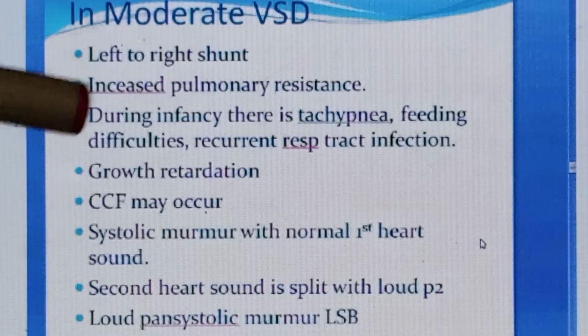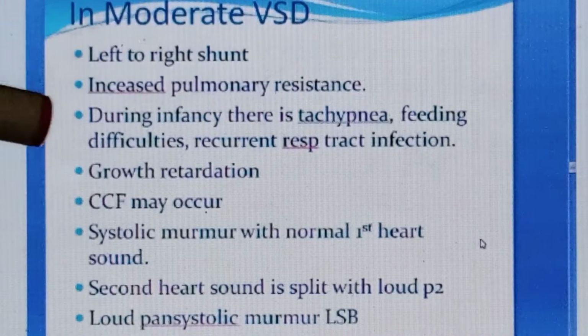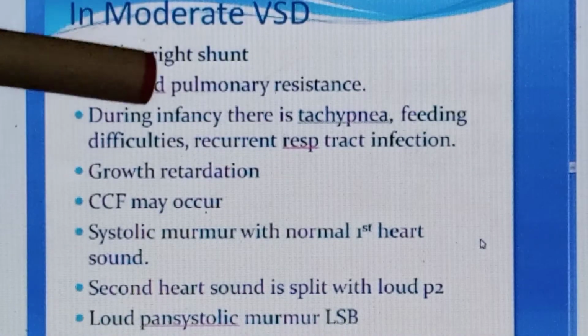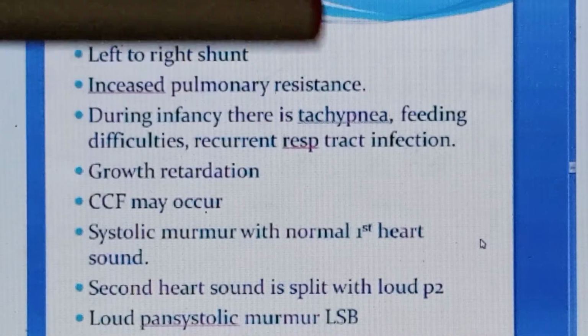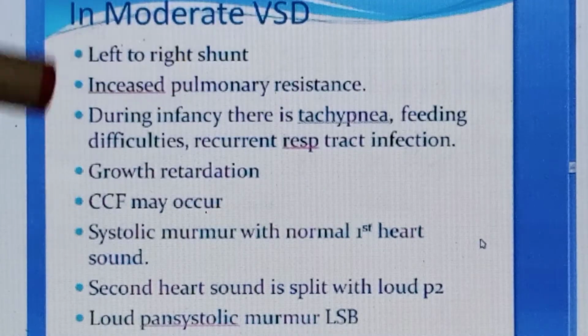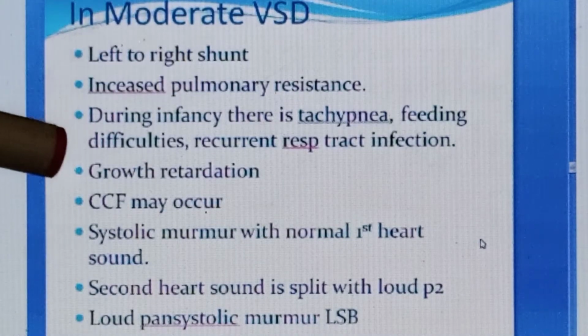So during infancy, there is tachypnea, feeding difficulties, recurrent respiratory tract infections due to high pulmonary blood flow, and growth retardation because of the poor feeding of the child or infant.